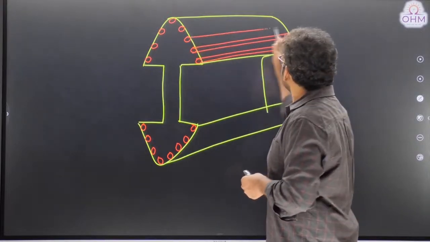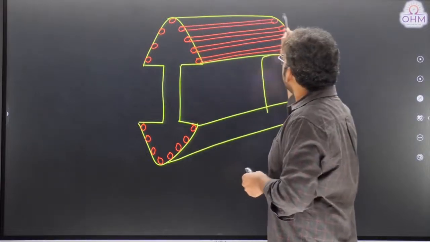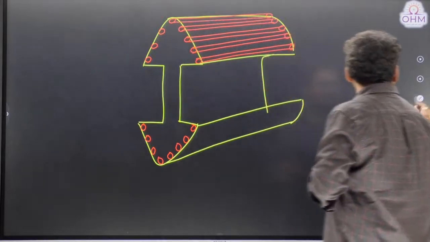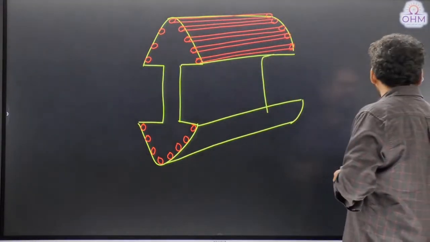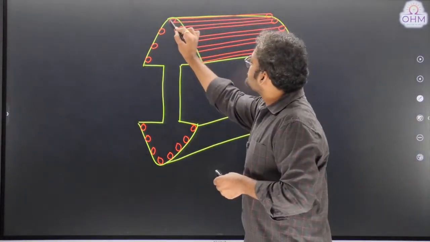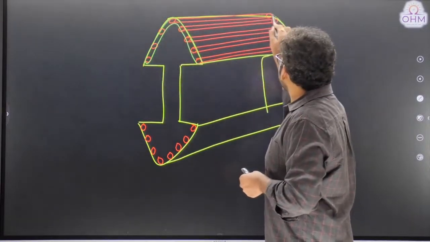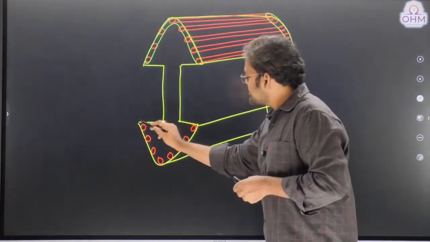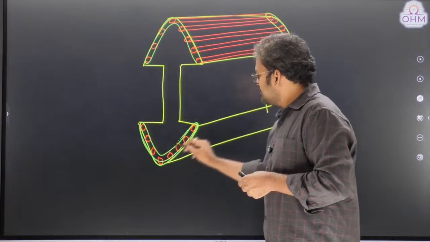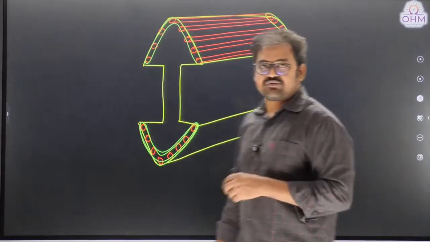These are the damper bars, and the most important thing is that all these damper bars are short circuited on both sides with the help of a conducting ring. That means the damper winding acts like a closed circuit. Yes, it acts like a closed circuit, even on this side also the damper bars are short circuited.